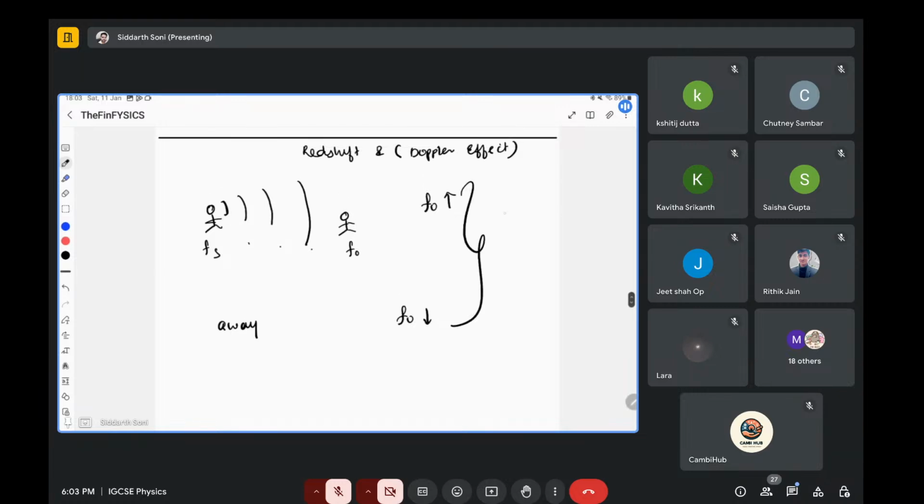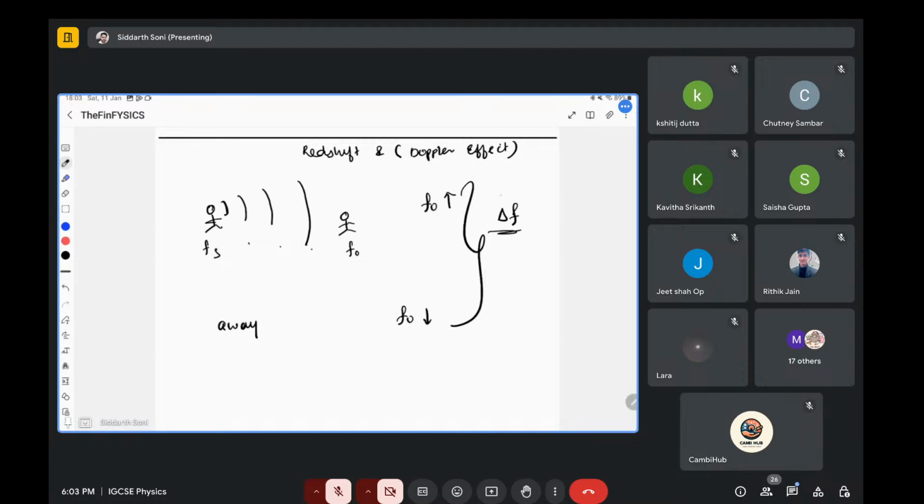See, again, I'm telling you, it's not the frequency change from the source. I am still emitting waves at the same pace, at the same time period, at the same frequency. It's just that because of my movement, the waves appear to be either spread out or near to each other.